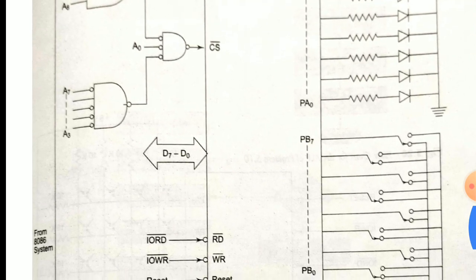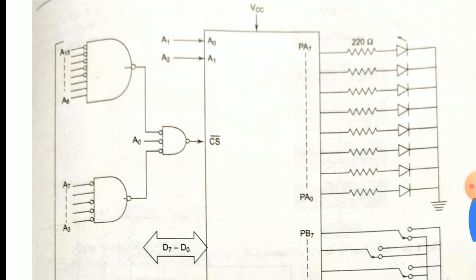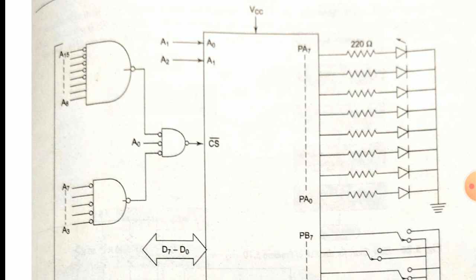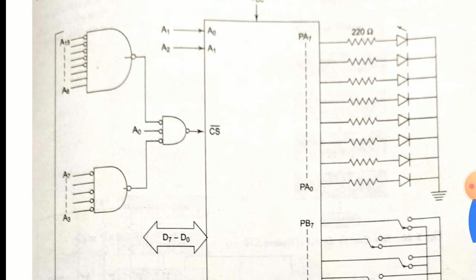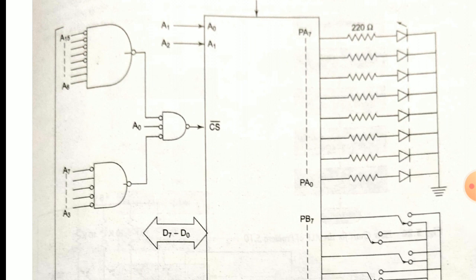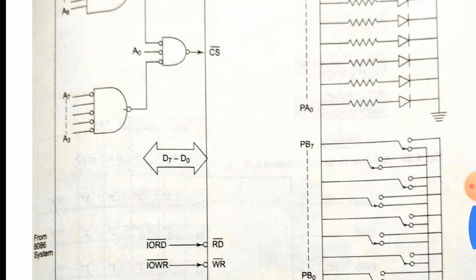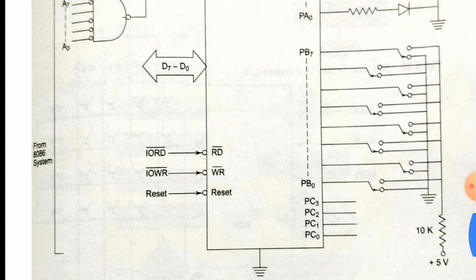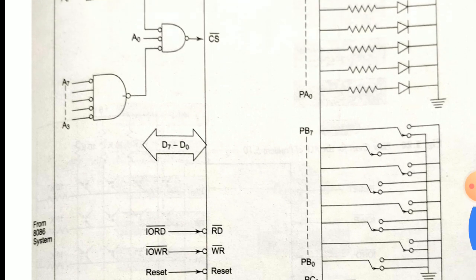And here this is the 8255 PPI. A0 and A1 address lines of this one are connected to A1 and A2 address lines of 8086, and the chip select of this one is connected to the address lines of 8086. The D7 to D0 lines are connected to the 8086 D7 to D0 lines, and the RD, WR bar and reset signals are connected to the IORD, IOWR and reset signals of 8086.